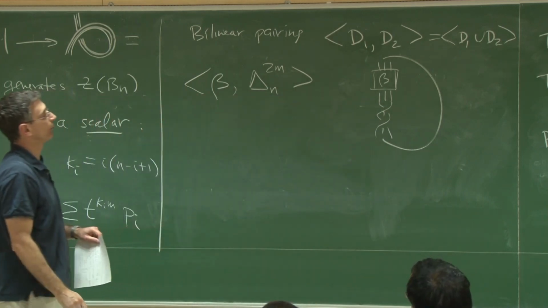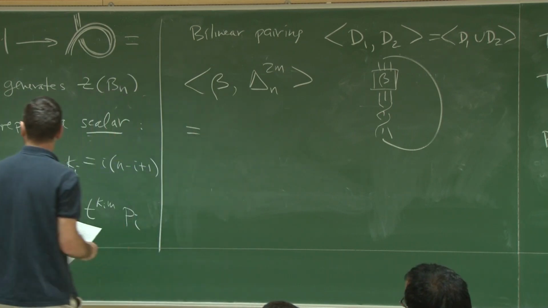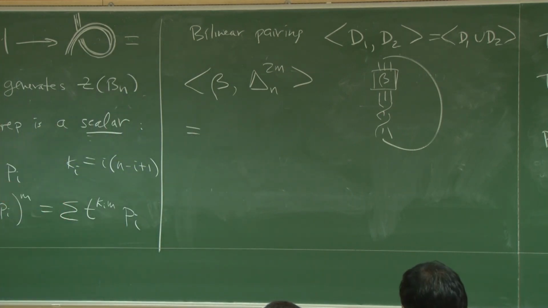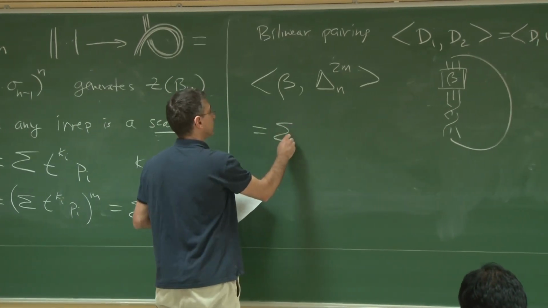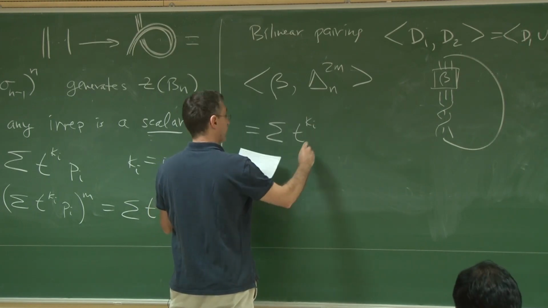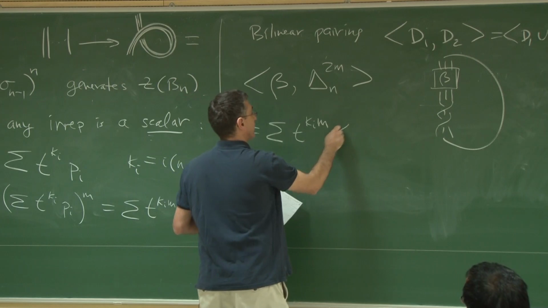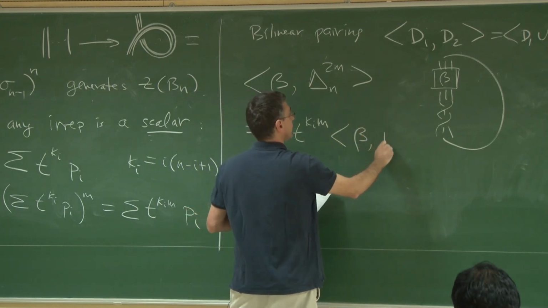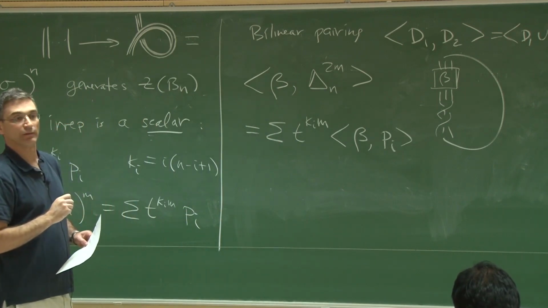So when I pair this using this algebraic machinery, what I get is a sum of t to the k_i m, exactly this guy, times a pairing with beta with each of the p_i's.